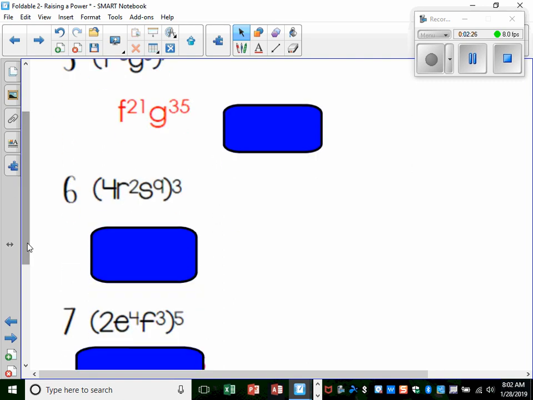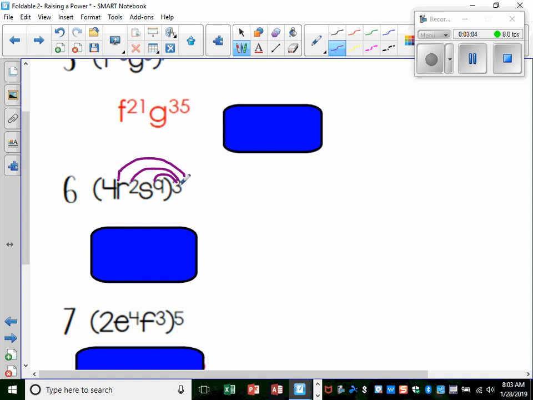All right. Now, what if that product inside also has a coefficient, like the 4 here? The 4 also has to be raised. Think of this: every number and every variable has an exponent. When you don't see it, there's an invisible 1 here. So that's like 4 to the first, R to the second, S to the ninth. All of these have to be multiplied by the 3 that's on the outside, by that power on the outside, even the 4 to the first power.